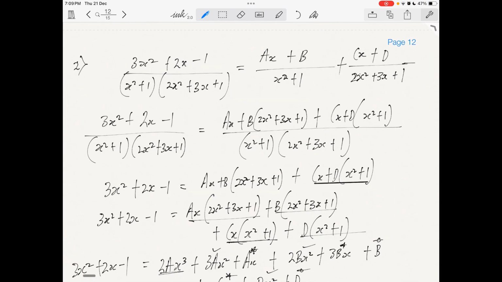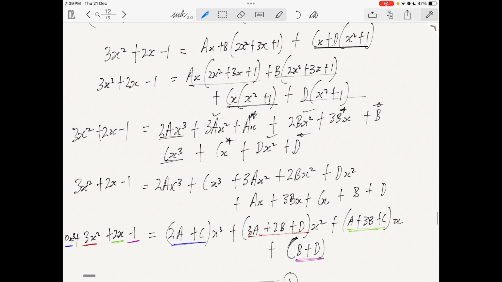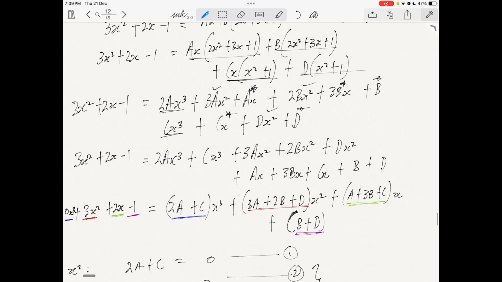So we first split the terms as expected, x squared plus 1 and 2x squared plus 3x plus 1. Then we added the numerators ax plus b, cx plus d, because we are dealing with non-linear factors. Then we took the LCM and collected like terms, because the cover-up method could not work.